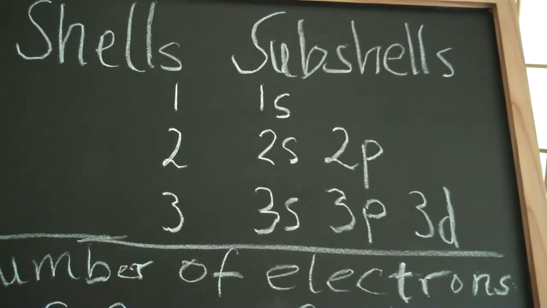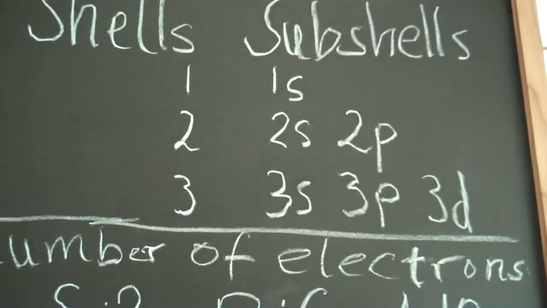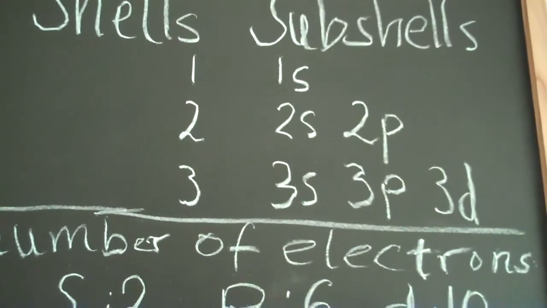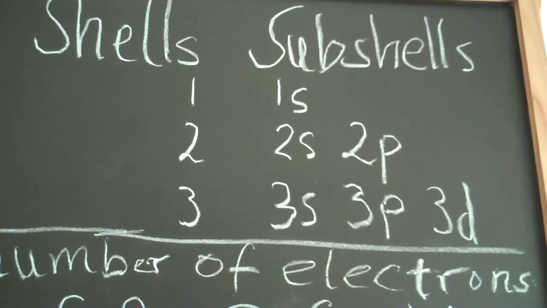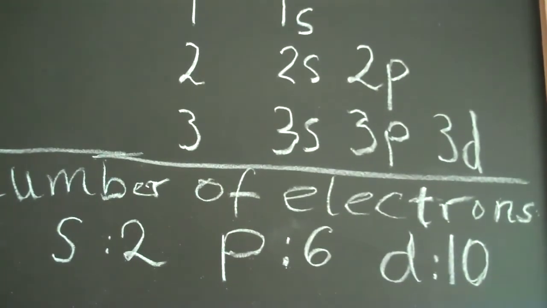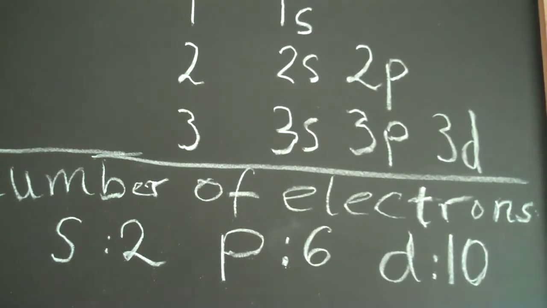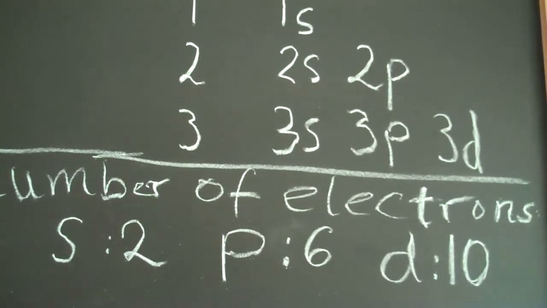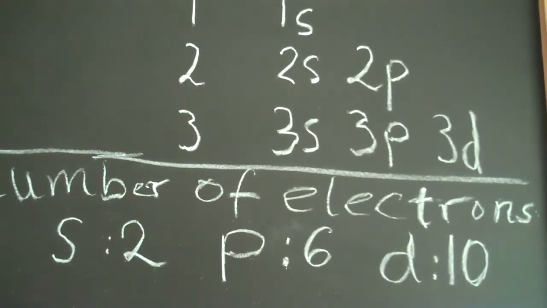Within these subshells there is space for only a limited number of electrons. So within subshell S there are 2 electrons. Within subshell P there can be up to 6 electrons, and within subshell D up to 10 electrons.